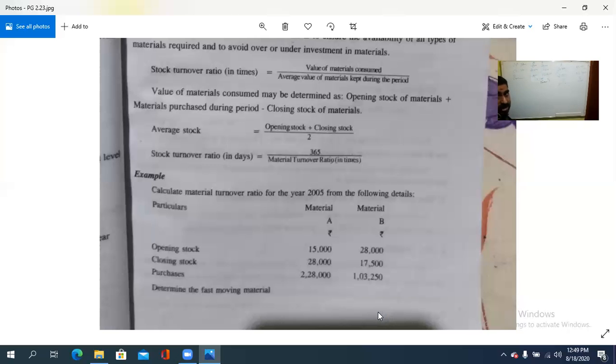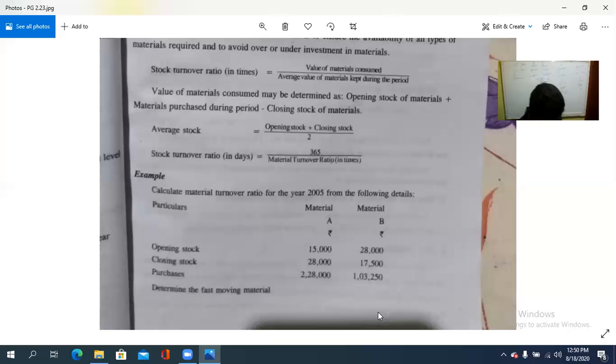the fast moving material. That is what is asked. Which is the best? Then what is the formula? 365 divided by MTR in times. So it is equal to 365 divided by 10 and 365 divided by 5.